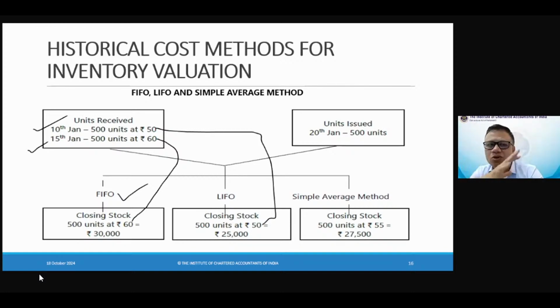So normally, if you don't want to go into this, you can try a simple average method. Yes, Shivana. Yes, Sir, can we say that LIFO, FIFO, and simple average method are types of NRV? Type of NRV, net realization value? No, they are not net realization value. These are types of inventory valuation.